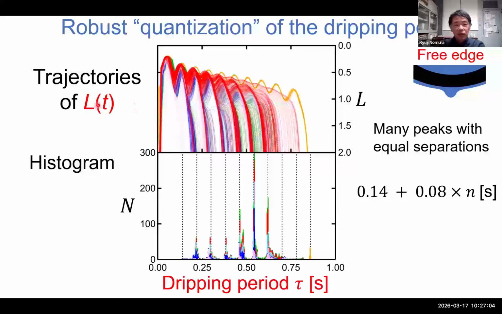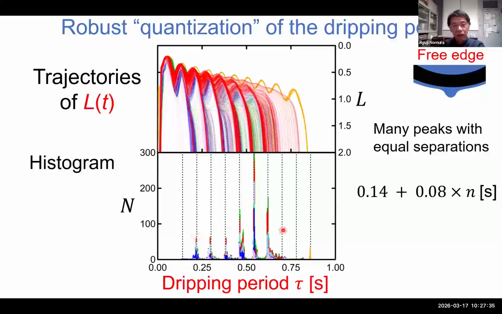And let me show the trajectory of the length of the droplets for many of the oscillations like this. The flow rate is gradually changing, but you see a bunching of the trajectories of the droplet oscillation like this. And the lower row is a histogram of the dripping period, tau. Due to this bunching, we have sharp peaks in the dripping period.